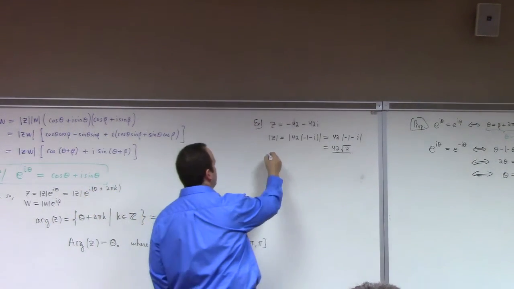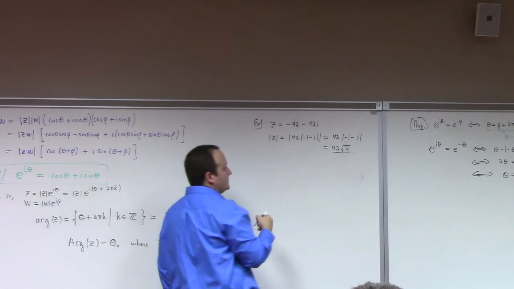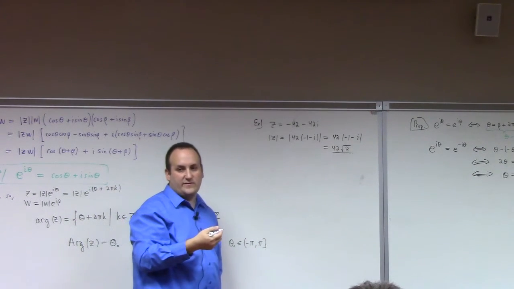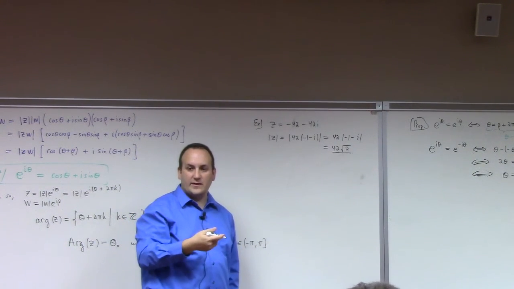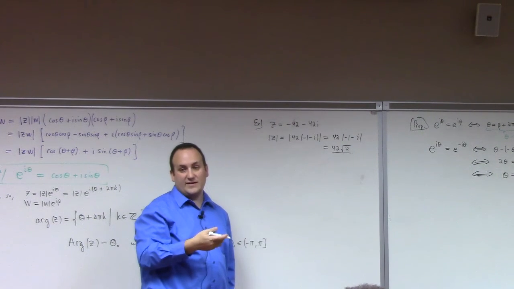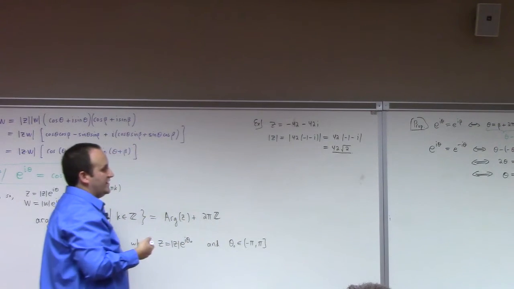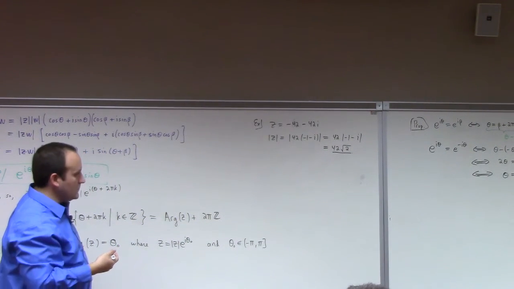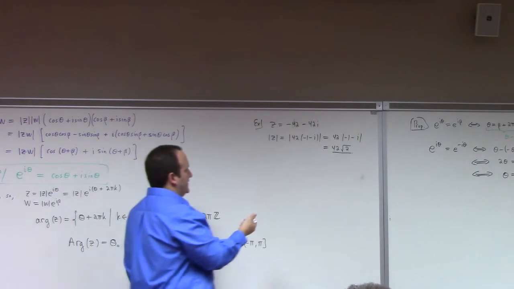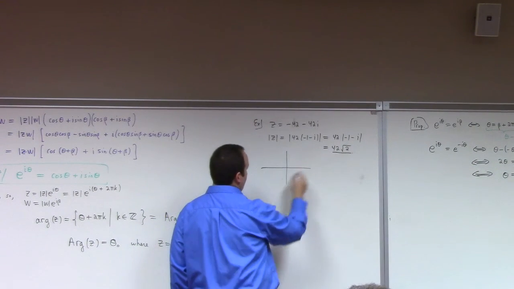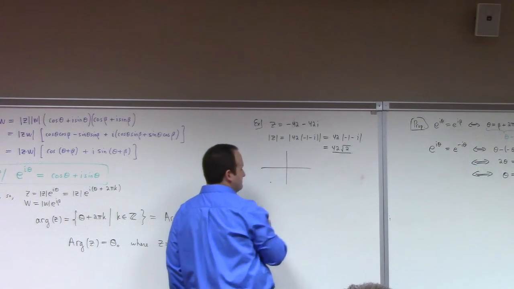The modulus of z1 z2 is equal to the modulus of z1 times the modulus of z2, but the modulus of a real number is just the real number again, unless the real number is negative, in which case it's the absolute value. So modulus reduces to the absolute value for real numbers. Okay, so if you picture this, z is down here somewhere.